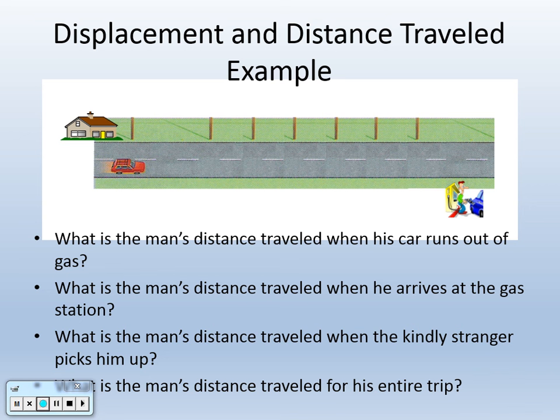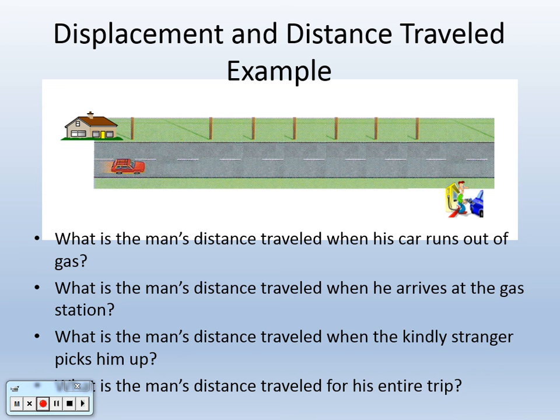So, what is his distance traveled when his car runs out of gas? Okay, now, Devlin said 50 kilometers east. 50 kilometers, right? It doesn't matter which way he went. When we're talking about distance traveled, we only want to know how far.